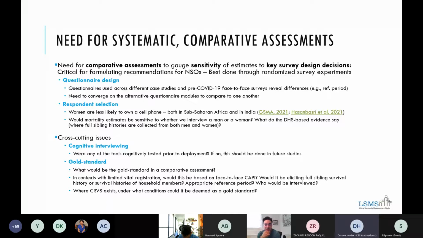So I did appreciate Prabhat's slide specifically on specific states where the registration system was deemed to be providing quality data. I think understanding the conditions and the assessments around that would be critical in commissioning this kind of comparative assessment in a different context where that sort of registration system in theory exists, where we would critically evaluate whether or not it could serve as a gold standard.